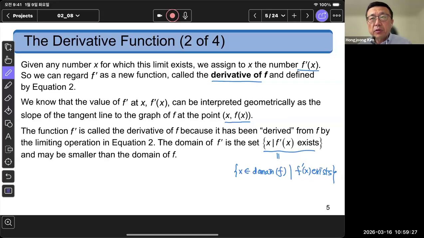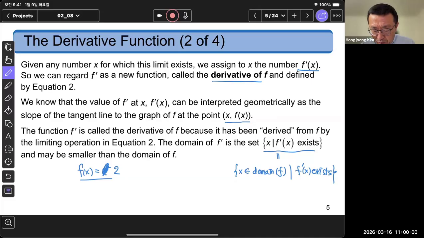So if you consider some function, say, let me consider the special case, the previous example, the constant function. For this function, moments ago, I showed that the derivative of f exists at every number, right? And this constant function has the whole real line as the domain.